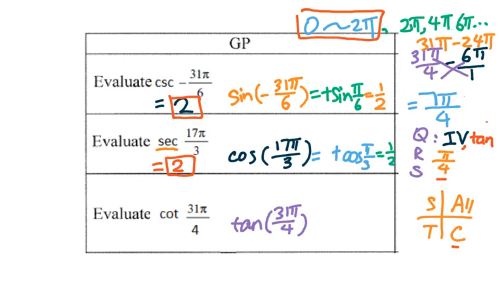That's negative, because only cosine is positive. So you will get negative tangent pi over 4. That's negative 1. So the reciprocal of negative 1 equals negative 1. This is the final answer for cotangent 31 pi over 4.